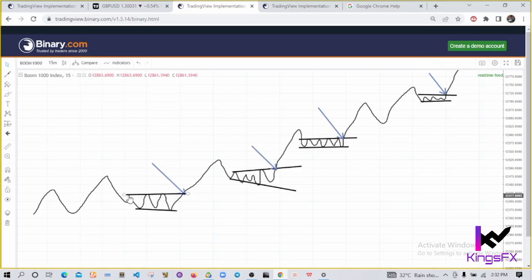Okay, so once the price ranges, just pick your line and draw a mini resistance level, support level. Just draw a horizontal line, draw your pattern right there, which is the base. This is just like a base, a foundation for the next movement. When the price is trending, it means the price is going in a direction for a long period of time, right?